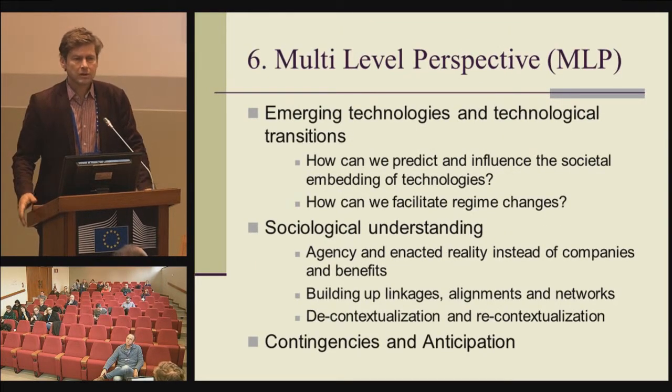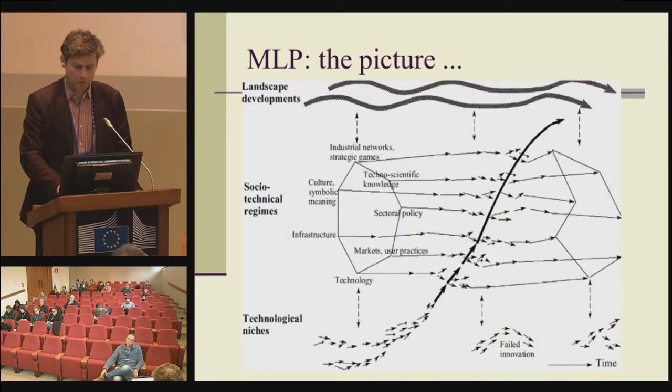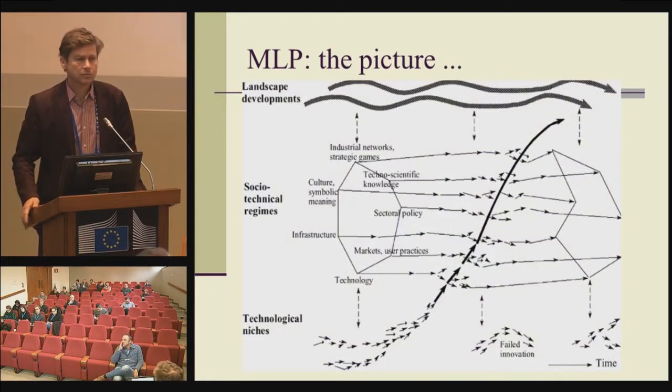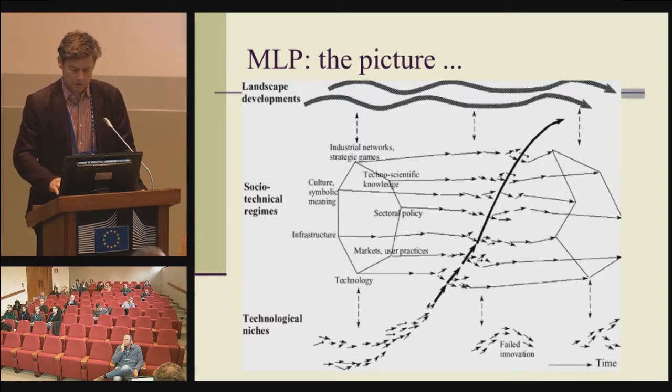There are some theories that try to bind that together in transition, so the MLP, and maybe I should go to this. If you go to a conference on transitions, this is the sort of entry ticket you need to show, yes, we know that we have read the literature and that we have this thinking in terms of the niches, the regimes, and the landscape developments.